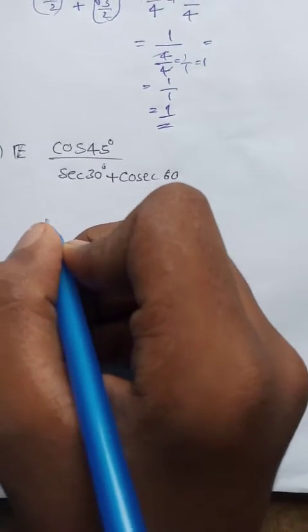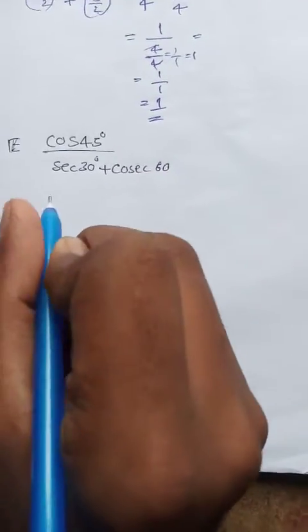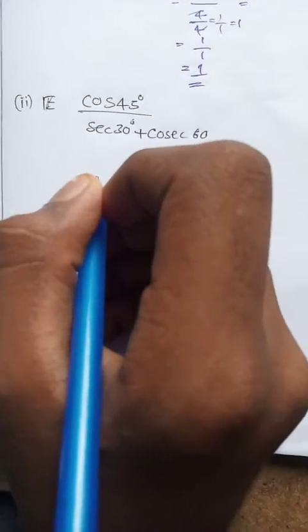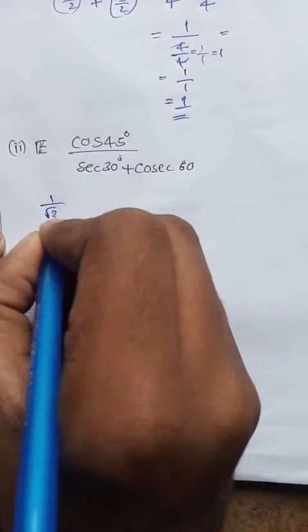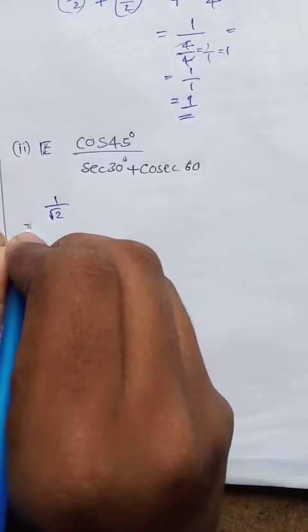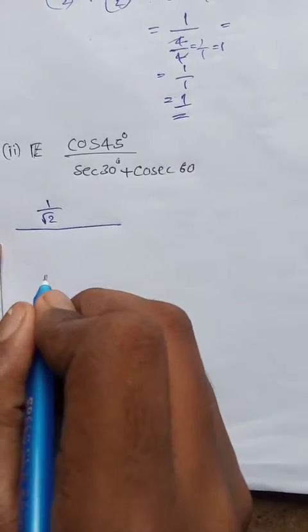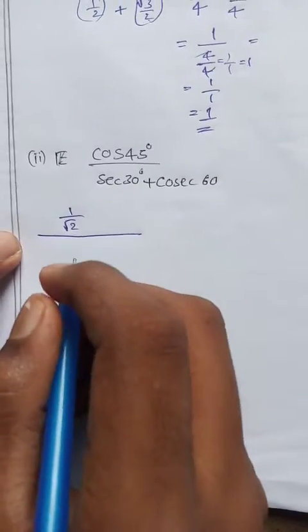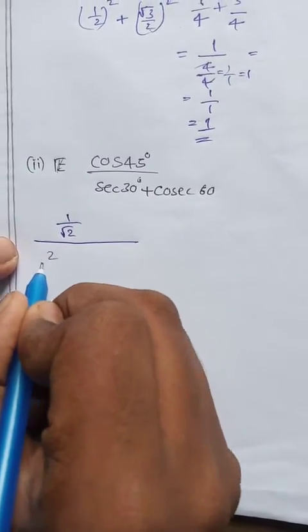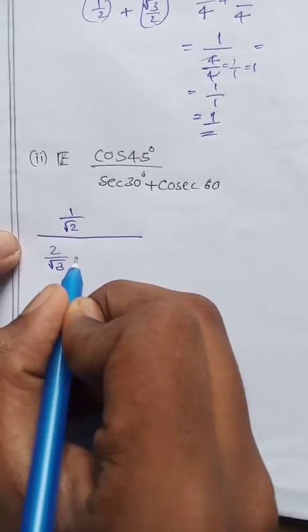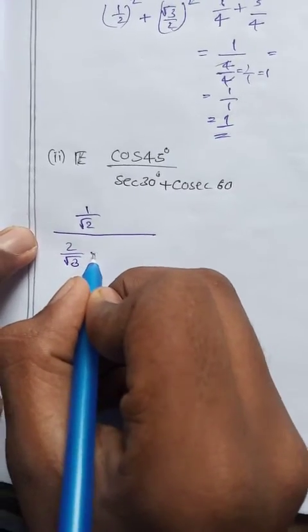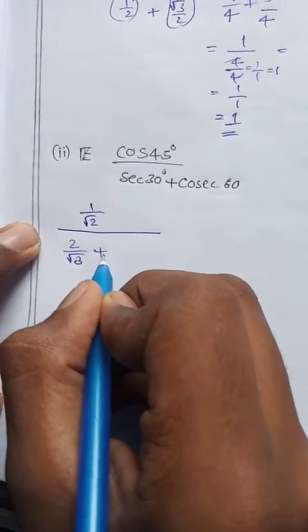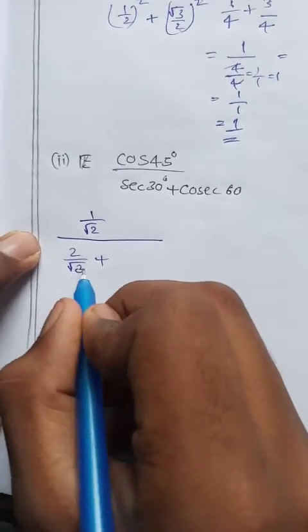What is the value of cos 45 in this table? See, what is the value? 1 by √2 is the value of cos 45, by, what is the value of secant 30 in this? Secant 30 value is 2 by √3 plus cosecant 60 value is 2 by √3.